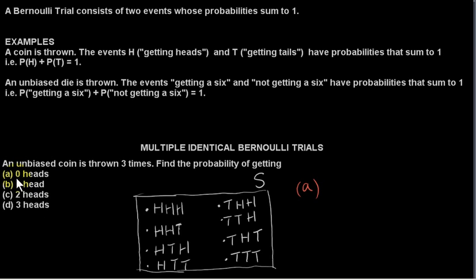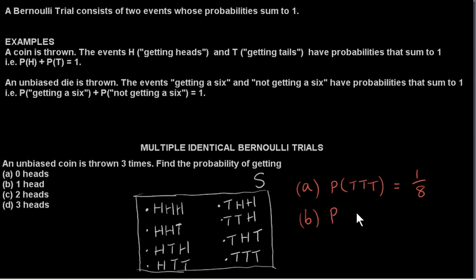So we want the probability of getting 0 heads. Well, that's just the same thing as the probability of getting 3 tails, which we know is 1/8. Only one outcome in the sample space involves 3 tails, so it's just 1 out of 8 equally likely outcomes.